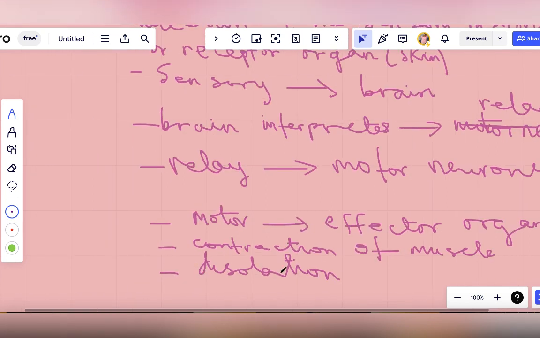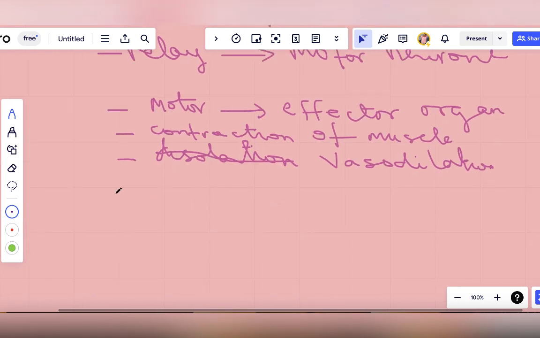We need to write vasodilation as it is taking place. Then this will eventually increase the blood flow. This will increase the blood flow.